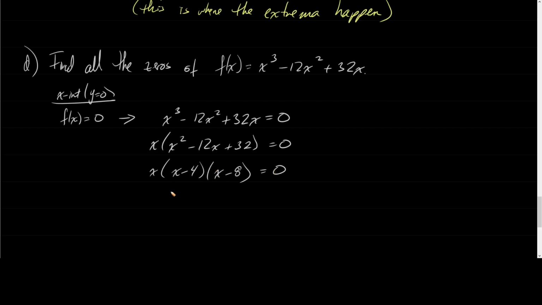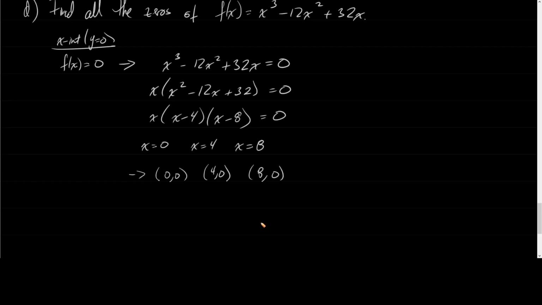Solving this gives us x equals 0, x equals 4, and x equals 8. So we have our three zeros. Our three zeros are 0, 4, and 8. As x-intercepts, we can say that they are (0, 0), (4, 0), and (8, 0). All right. So there we go.